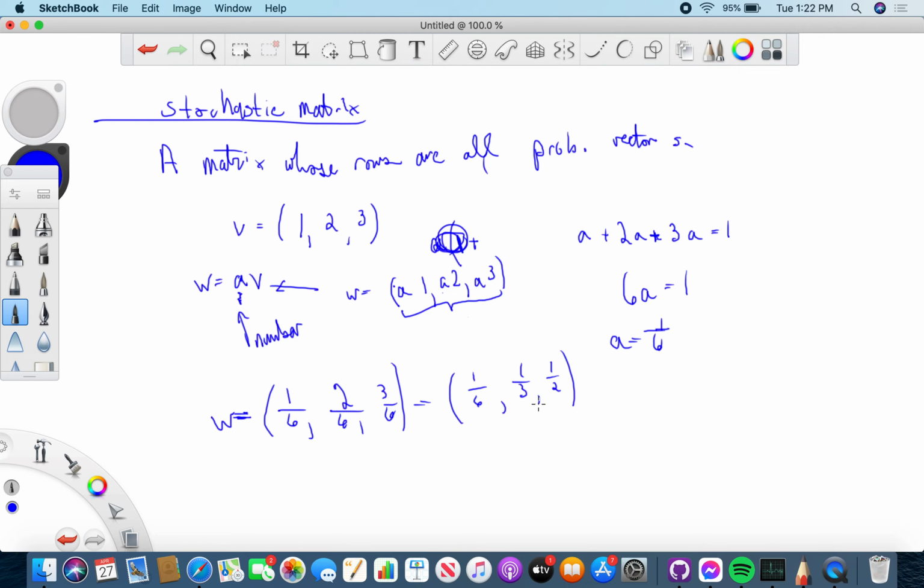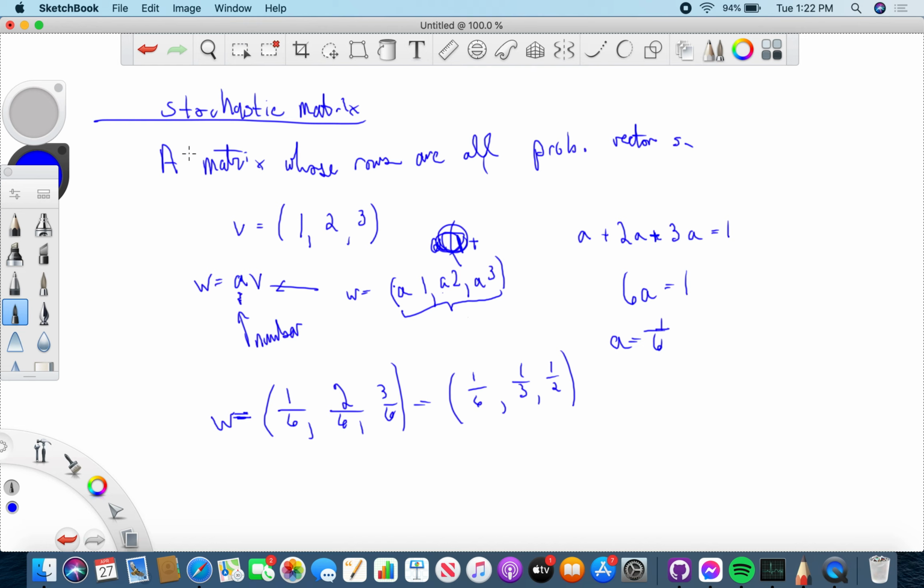This is the probability vector that points in the same direction as v. It points in the same direction because anytime you multiply a vector by a positive number, it's going to maintain the direction but change the length of it. You can review the older videos on this concept if that is confusing.